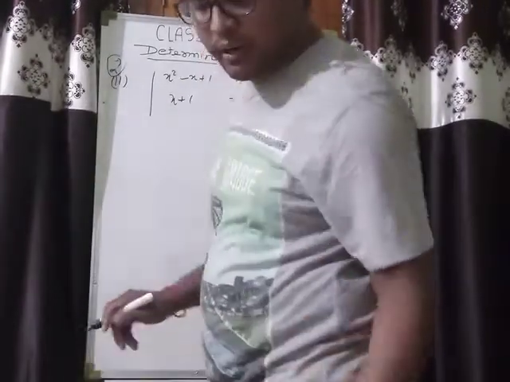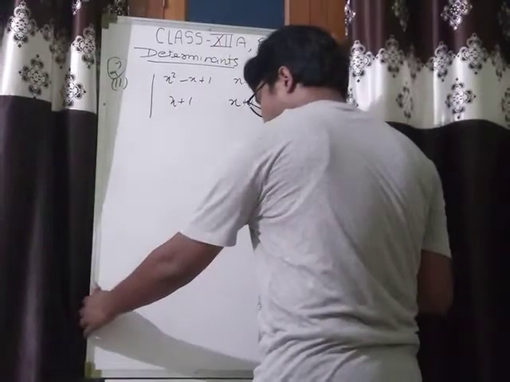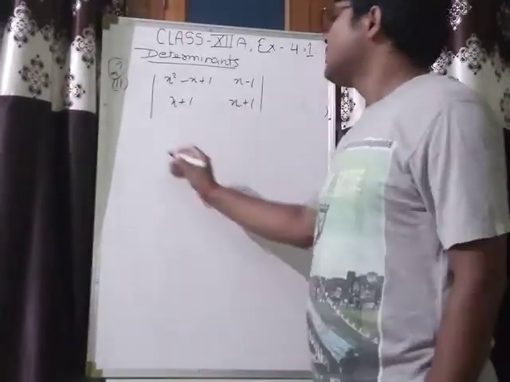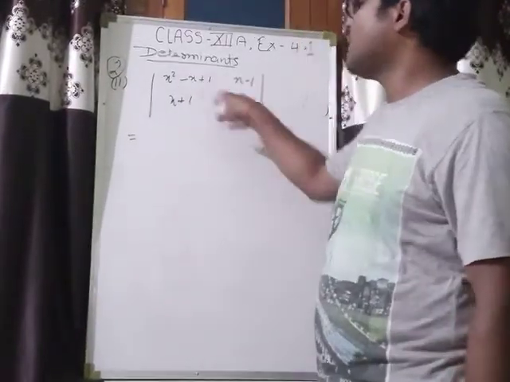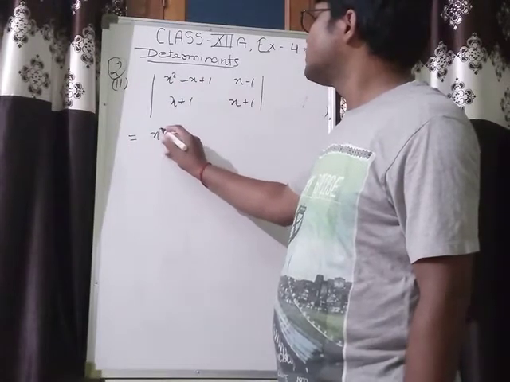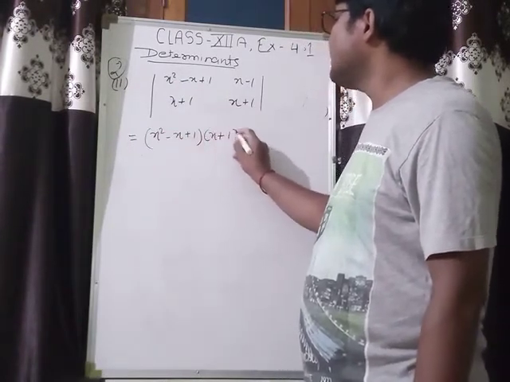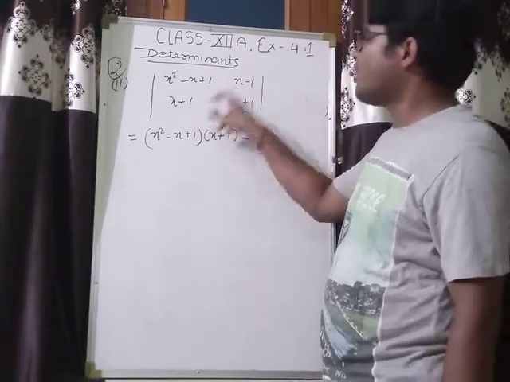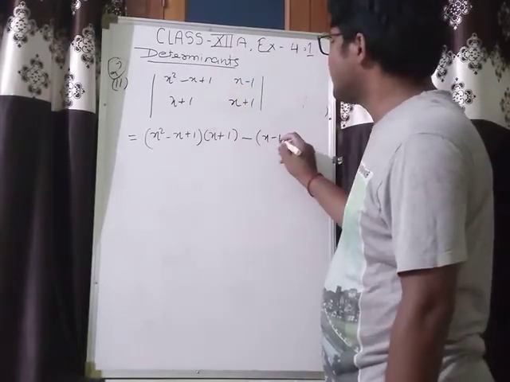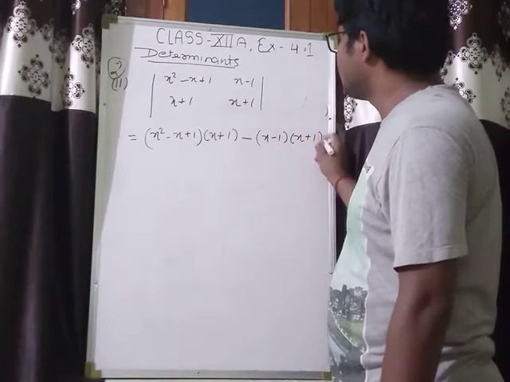So how can we find out the determinant of a square matrix of order 2? Find the product of diagonal entries, that will be x square minus x plus 1 into x plus 1, minus the product of off diagonal entries, that is x minus 1 into x plus 1.